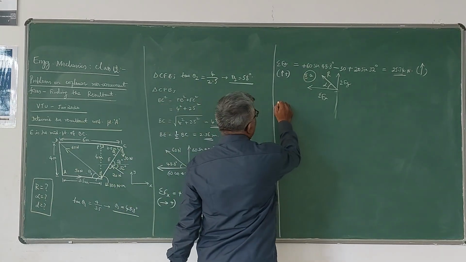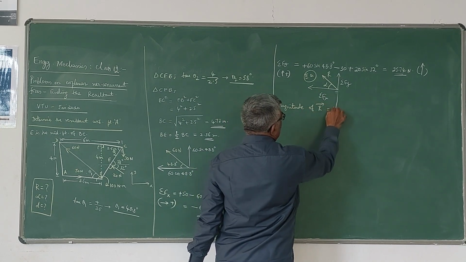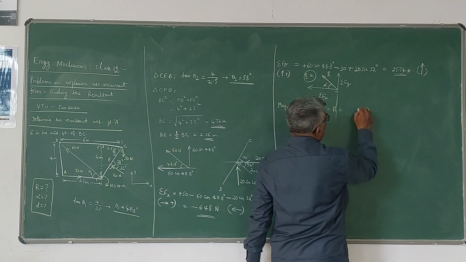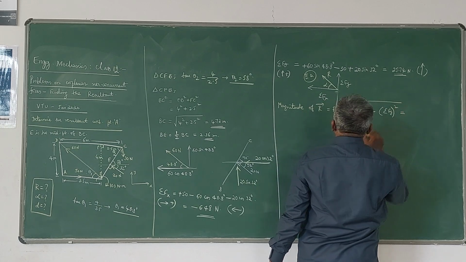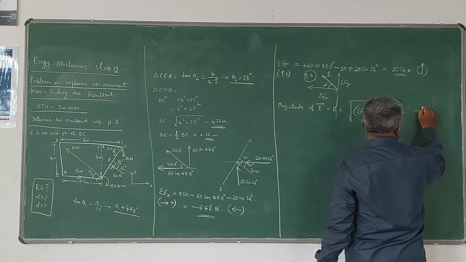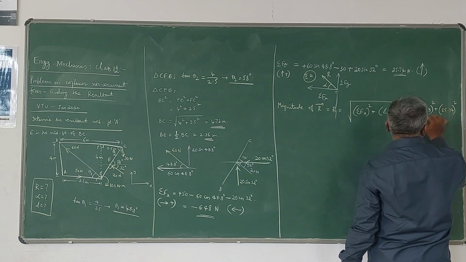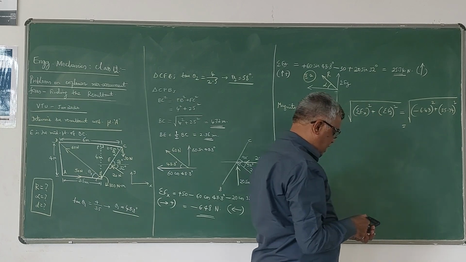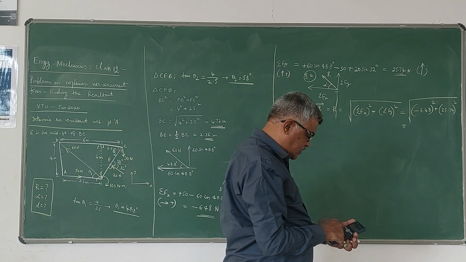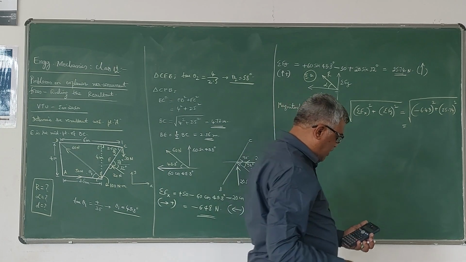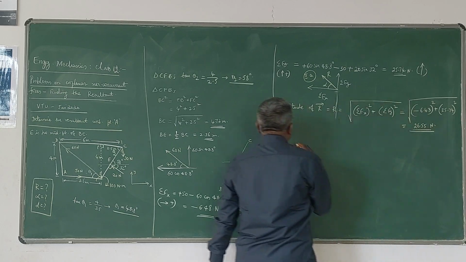Now the magnitude of the resultant force R is given by the square root of sigma Fx square plus sigma Fy square. It comes out to be the square root of minus 6.48 square plus 25.74 square. If you simplify that, you will get 26.55 Newton, that is the magnitude of the resultant force.